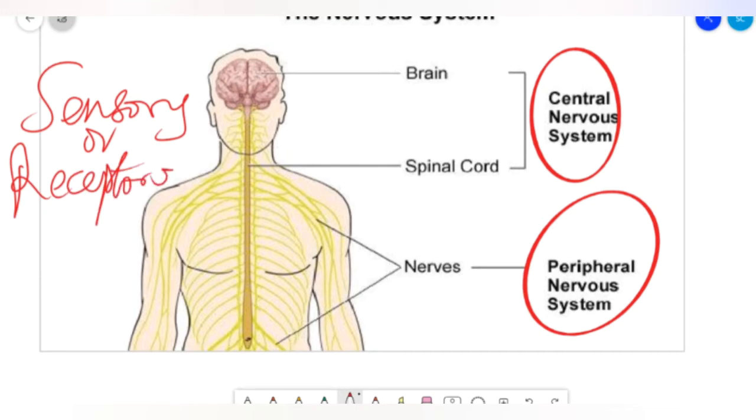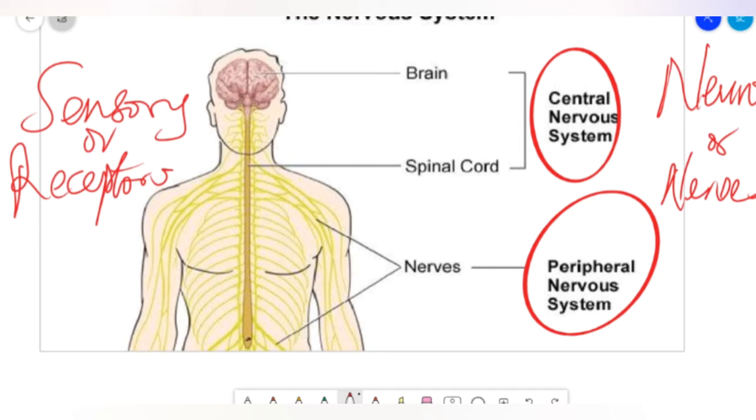These are cells that receive what? Stimuli. While the cells that coordinate the body, we call them the neurons, or nerve cells. These are the two specialized cells that receive and coordinate all the responses in the body.